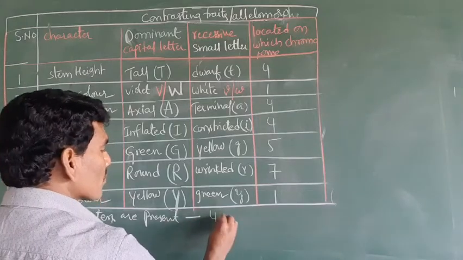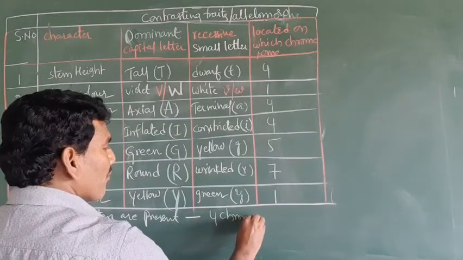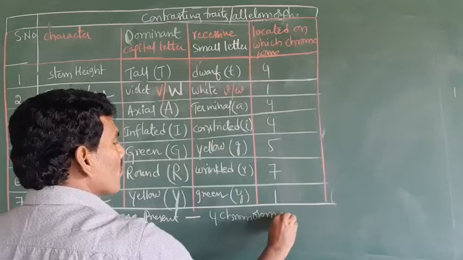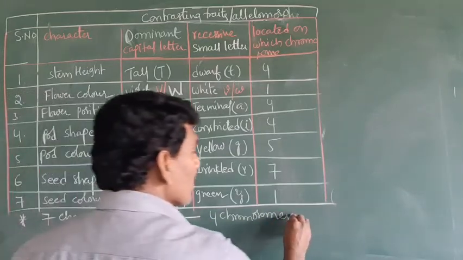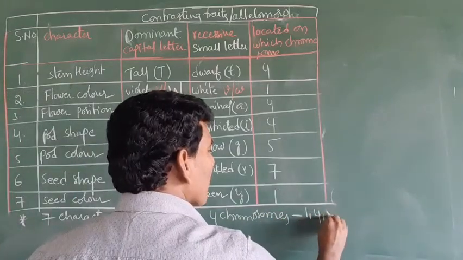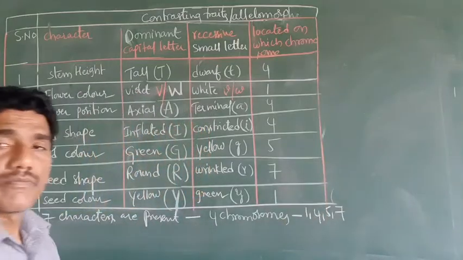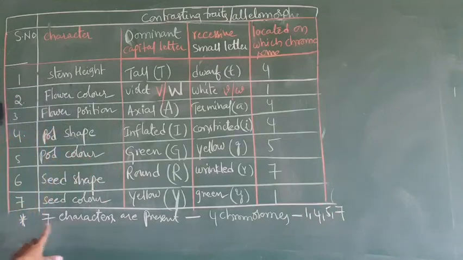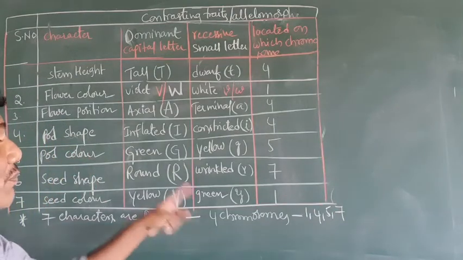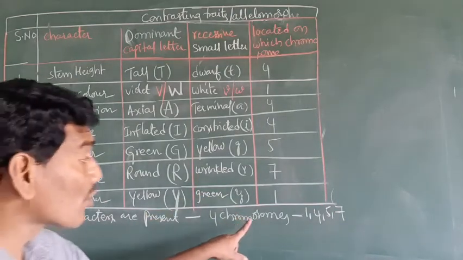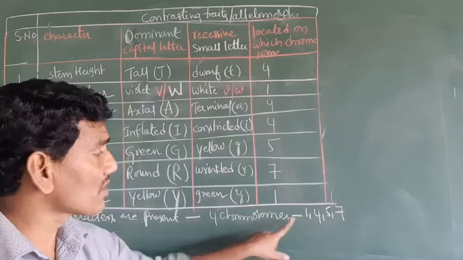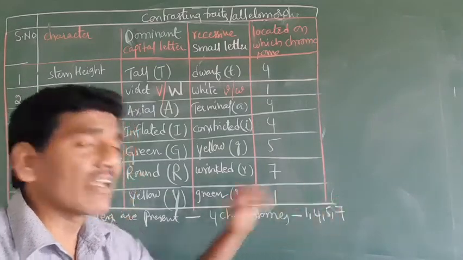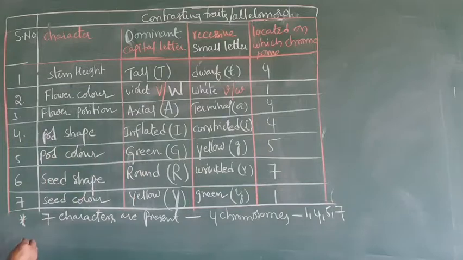Totally 4 chromosomes. What are the 4 chromosomes? 1, 4, 5, 7.